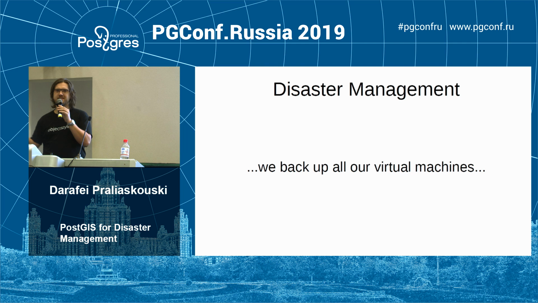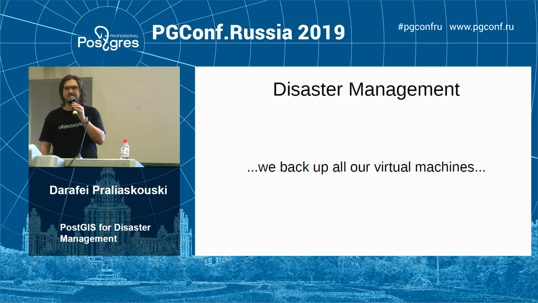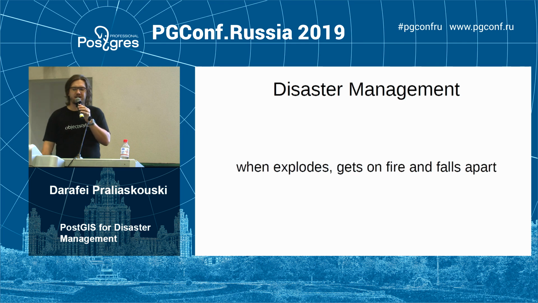So guys, your disaster plan, if for example you have a data center and there is an outage or someone made an error in a sudo command, well, yes, it is disaster management, but it's a very technical aspect of it. Someone said, so disaster management is when everything explodes, gets on fire and falls apart into pieces. And in fact, this is the correct definition. When everything blows up, gets on fire and falls apart, you need to make something out of this mess.